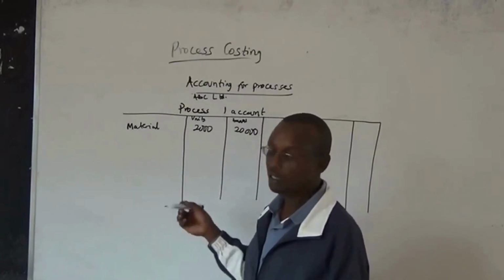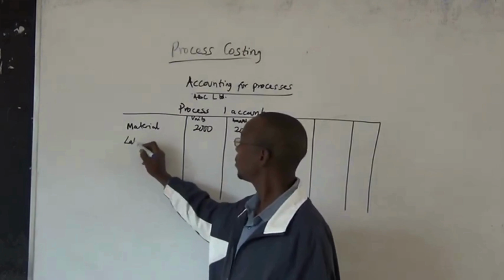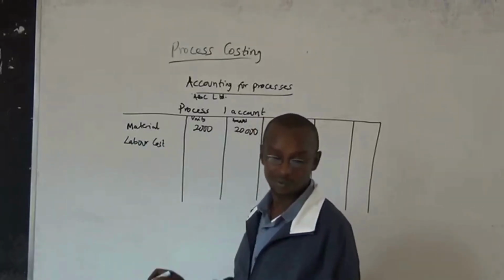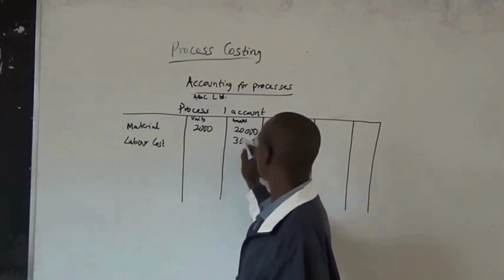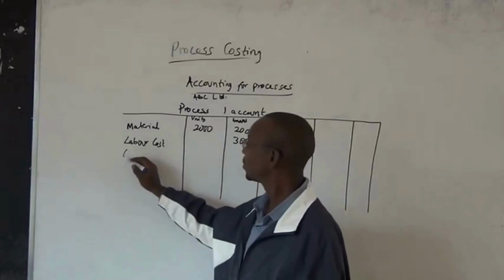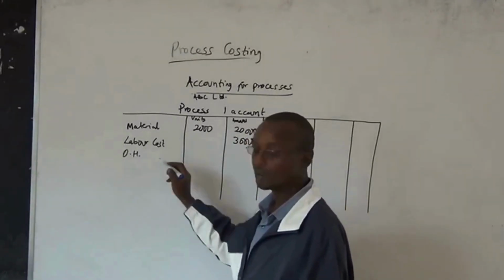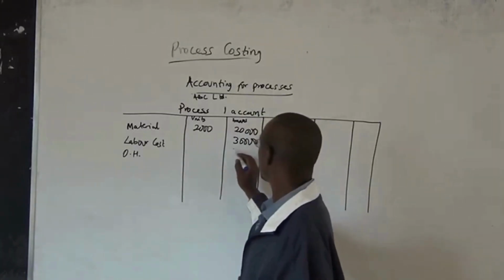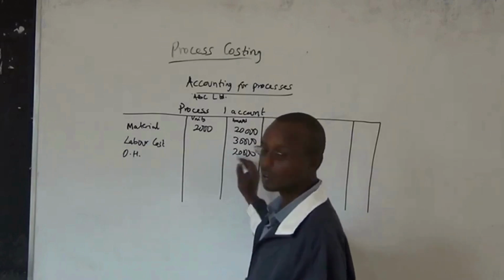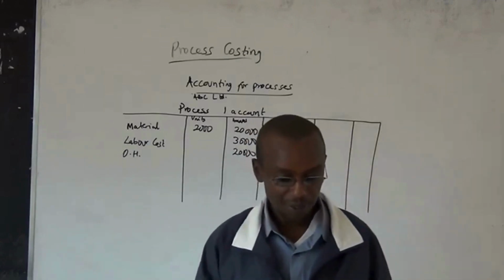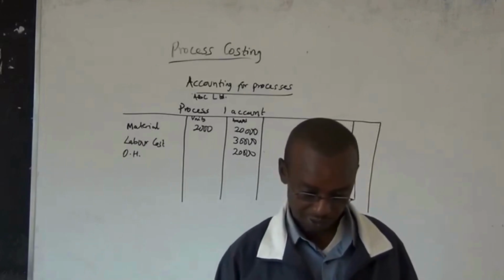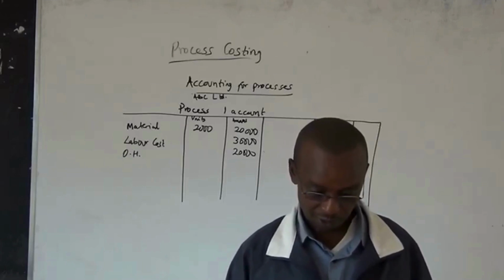Fine, we don't have many items. Labor costs, how much? 30,000. Overheads? 20,000. Then, the normal process loss is how much? 5% of what?